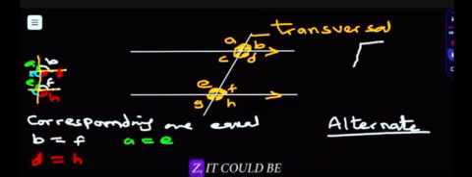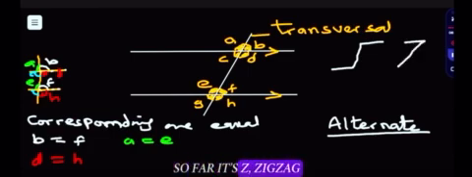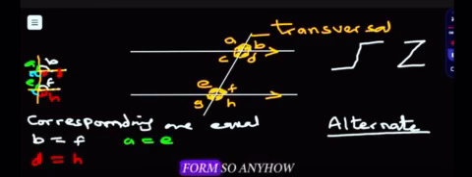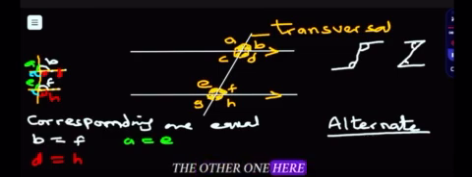So if this is Z, it could be in this form or in this form. So far it's Z, zigzag. You look at the angle in here, another one here, the angle here, and the other one here. Those two angles are said to be alternate.